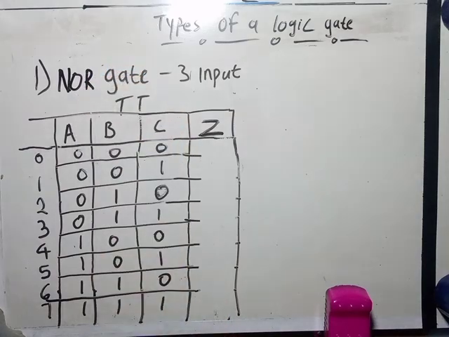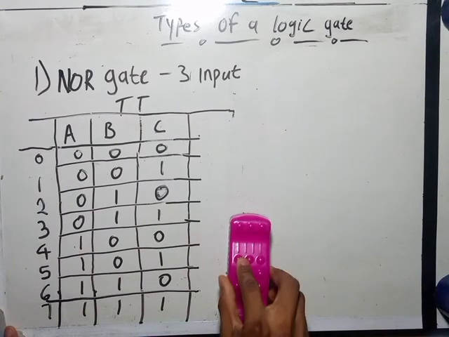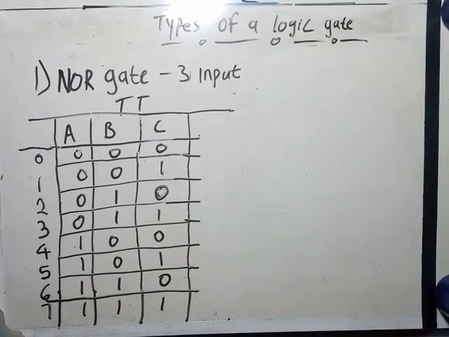It is the combination of the NOT, which is the negation of the actual value, and the OR gate. The idea here is that when you do your addition with your OR gate and you get your answer, you then find the opposite of that answer. So for clarity's sake, let us make room for OR.